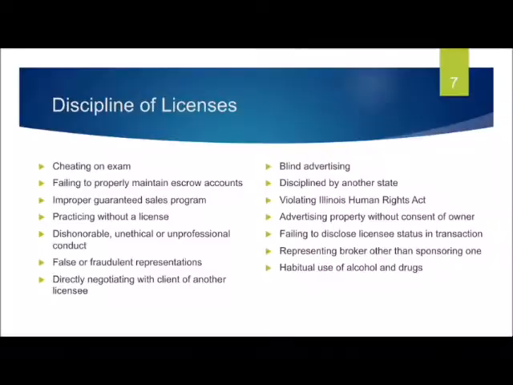That's pretty much self-explanatory. Failing to properly maintain escrow accounts. We will talk about the escrow accounts in a little while. It is one of the top reasons why our licensees end up either losing their licenses or being fined, or worse, sometimes ending up in jail because they've messed with other people's money. So we'll focus on that a little bit.